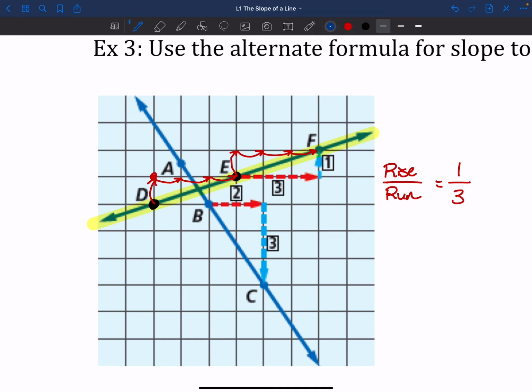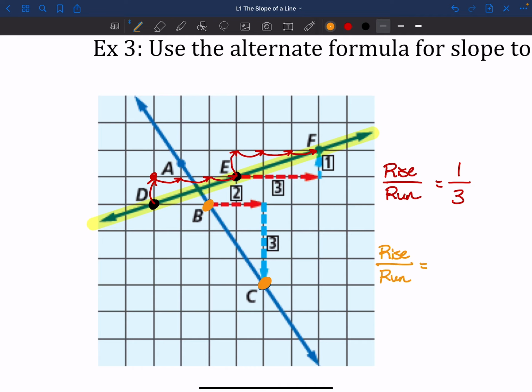As for the other one, again, let's choose 2 good points. I'm going to choose B and C. Actually, let me change colors real quick, so it's a little bit easier to see what's going on. So B over there, C over there. And again, I'm thinking about my rise and my run.